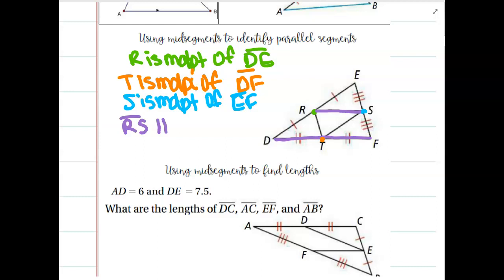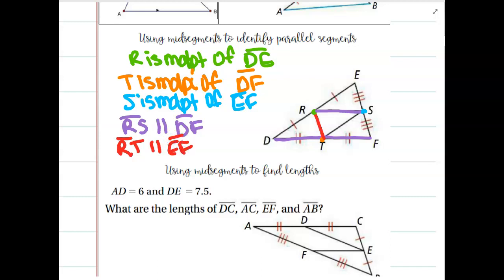So RS is parallel to DF. There's one of your mid-segments. Then we pick another mid-segment. Maybe I pick RT. RT connects 2 of those midpoints. So if RT is a mid-segment, it is going to be parallel to the opposite side. You see that? It's parallel to EF.